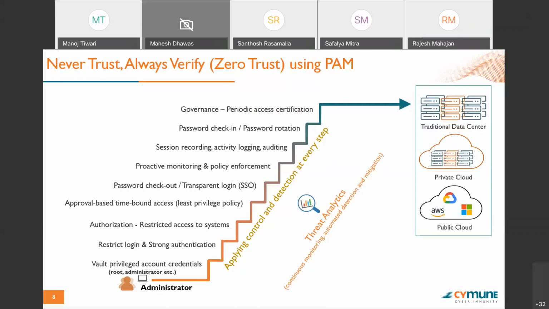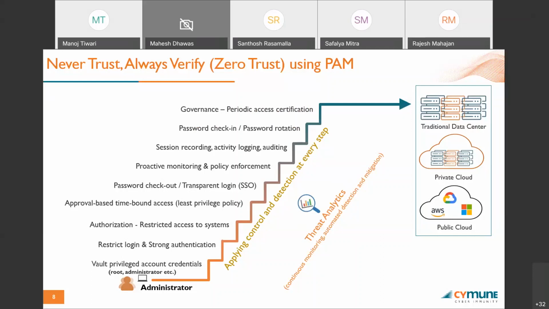So this analytics keeps on monitoring the user behavior, and it will also detect if any malicious activity is done by any administrator, right? And not only will it detect, it will automatically take some mitigation action also.